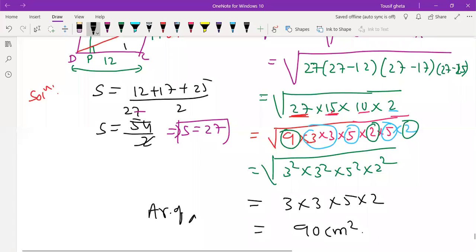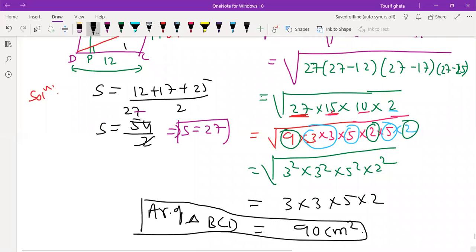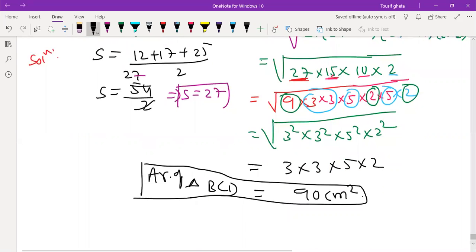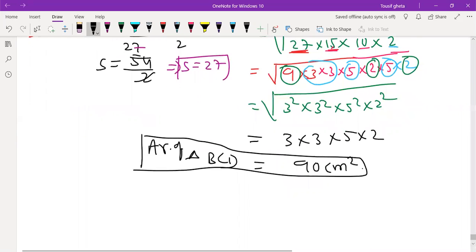What is the other triangle? BCD. Both triangles' areas will be the same. So we can write down the area of the parallelogram is equal to 90 plus 90, 180 centimeters square.